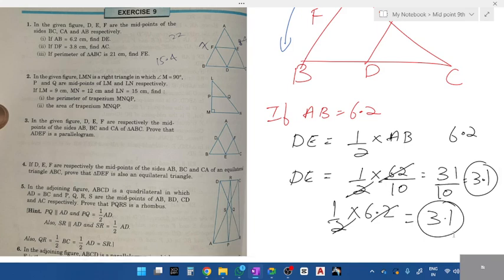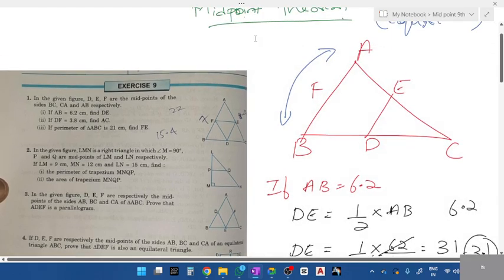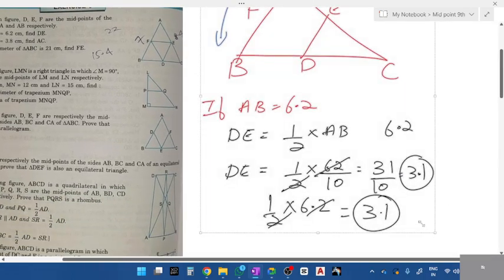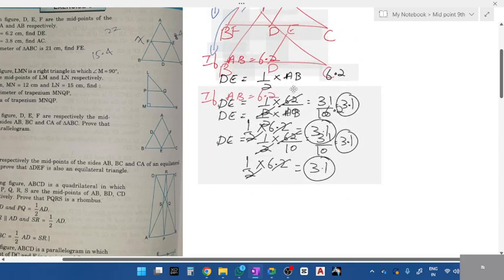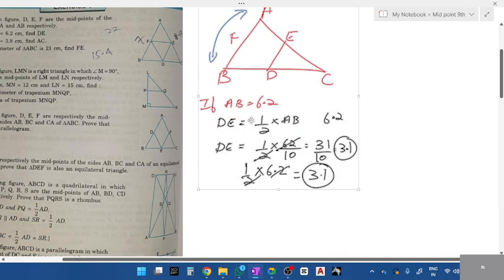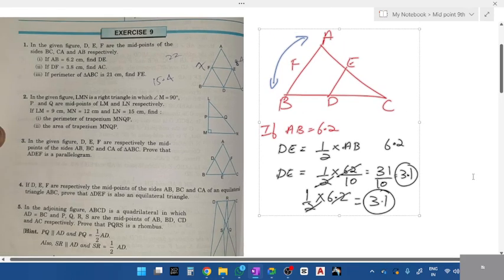DF is given. Find the value of AC. Okay, fine, Anya. See, the concept is done. Go through the recording, because we don't have time and I won't be able to explain.